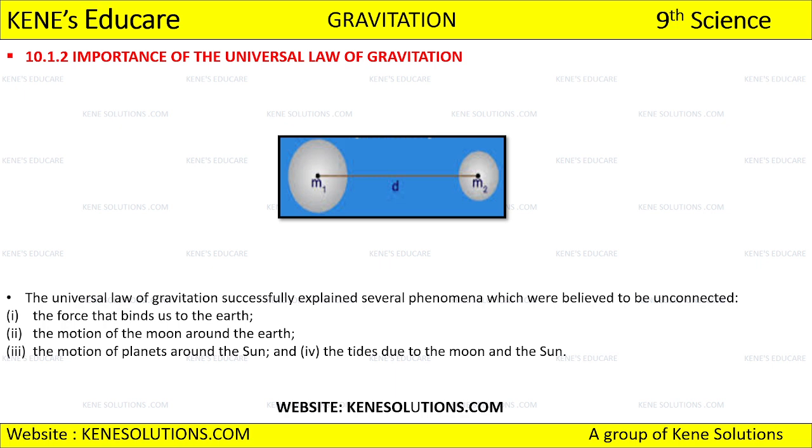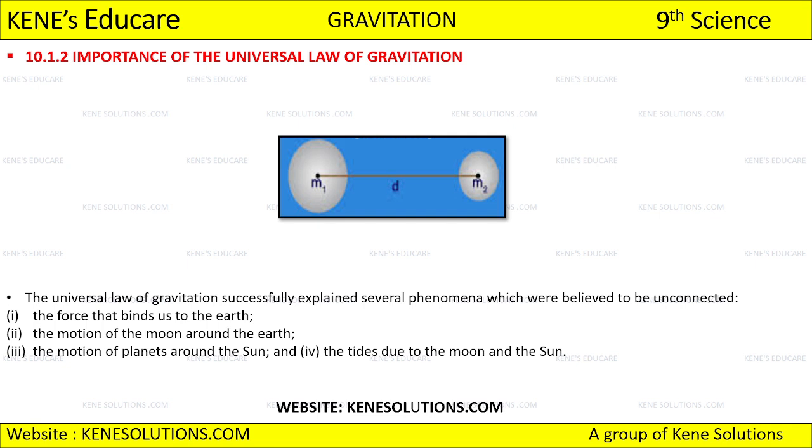See, the universal law of gravitation successfully explained several phenomena which were believed to be unconnected. Now there were many different phenomena. There was not much information about gravitation, and also anyone coming up with a new concept.